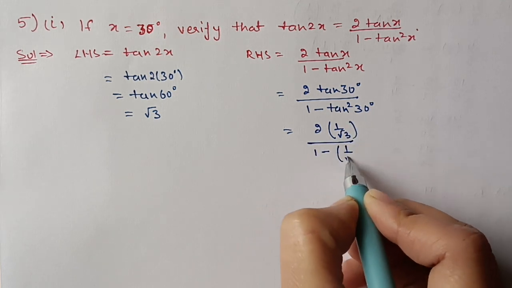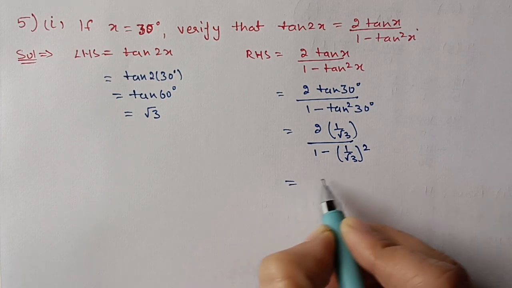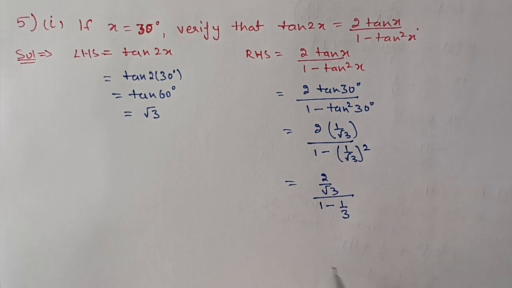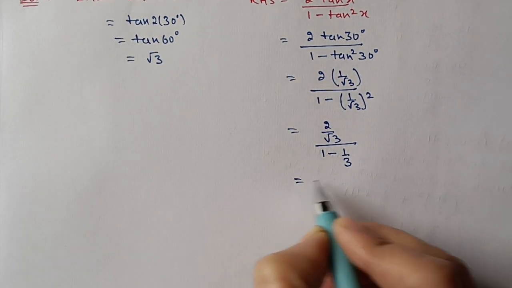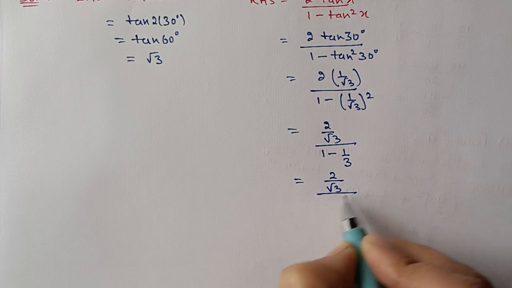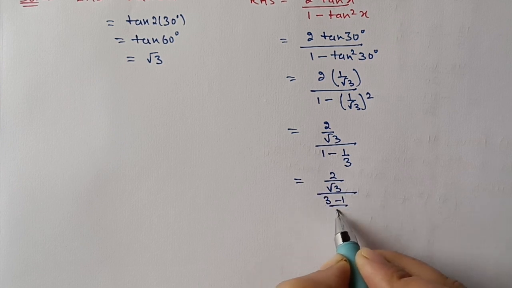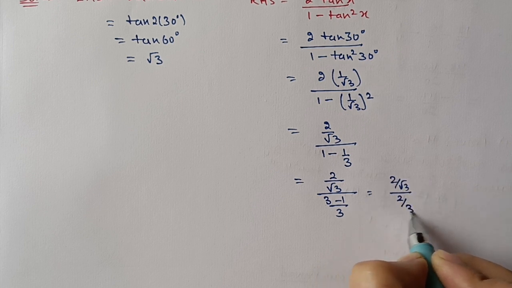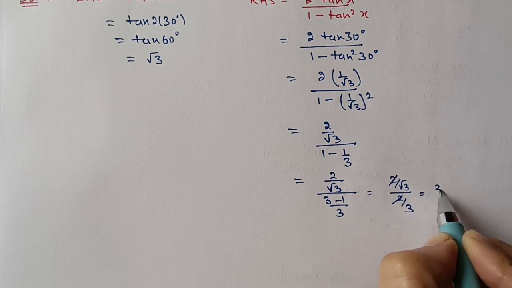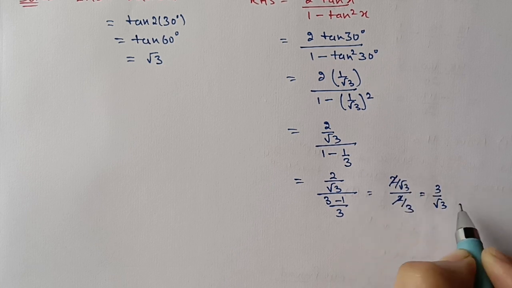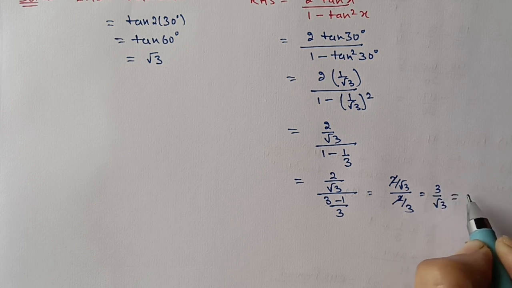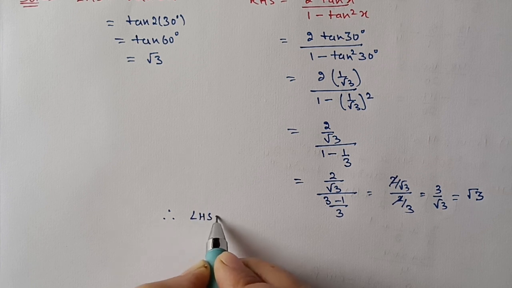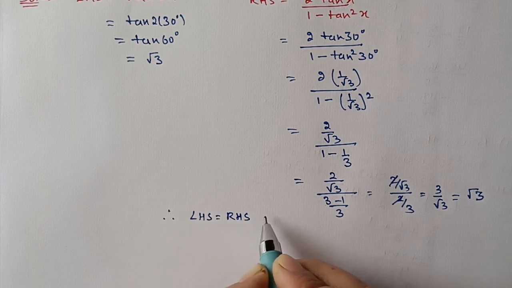So this will be 2 upon root 3 and in the denominator 1 minus 1 upon 3. Take LCM in the denominator. You will get 3 minus 1 upon 3. So 2 upon root 3 and 2 upon 3. So this you can cancel out and it will become 3 upon root 3. After reciprocal it will go up. And here also after cancellation you will get root 3. So therefore we are getting left side and right side equal. Hence verified.